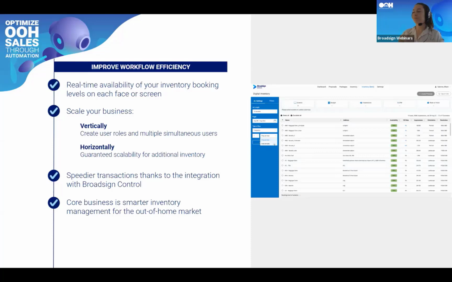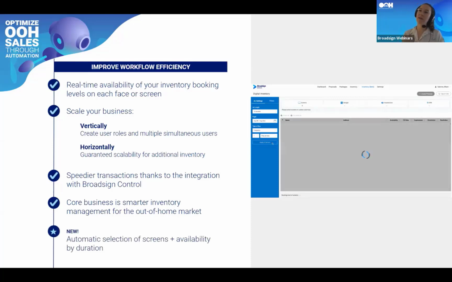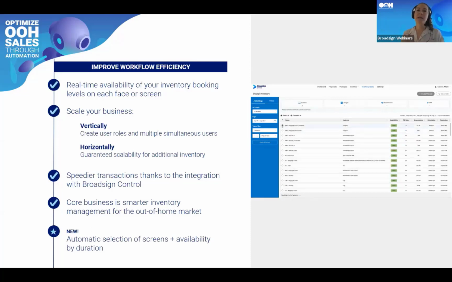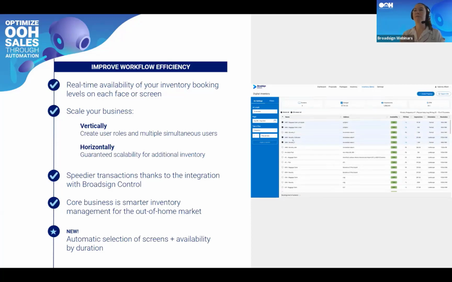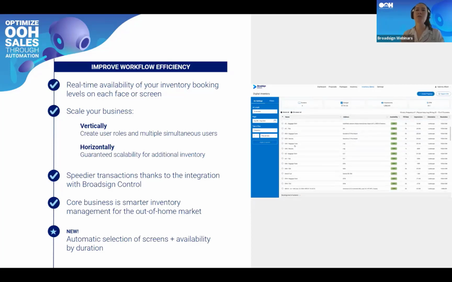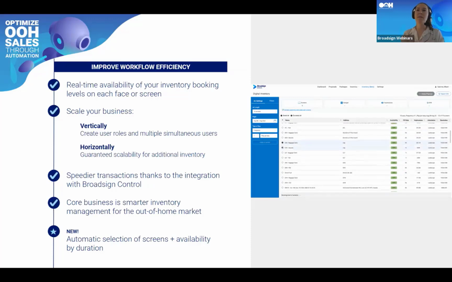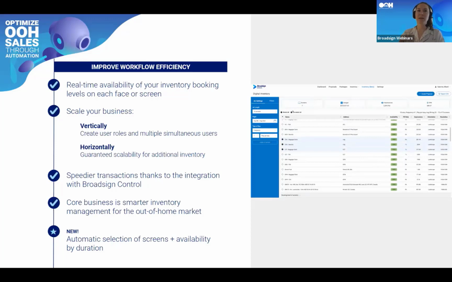of Direct. And a few things that we're also adding in a release, and that also relates to the optimization subject today. First, we have the automatic selection of screens. So that basically allows you to bulk select your screens, but actually more than that, I was referring before to the imbalanced occupancy levels of your networks.